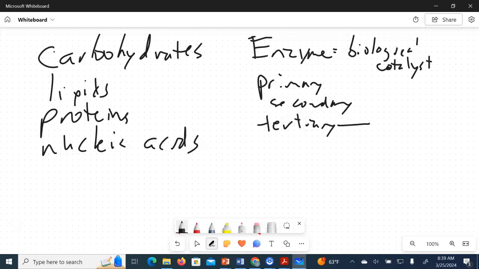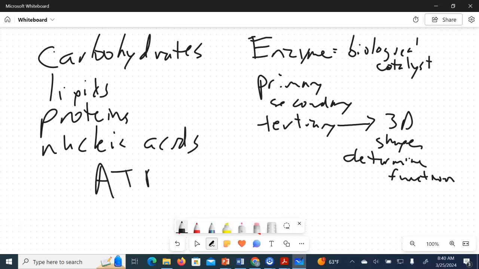Make sure that you associate that tertiary level of protein structure with the three-dimensional shape of the protein. This is what's going to determine function. The nucleic acids, right? DNA, RNA, genetic material. You do need to know that ATP is our energy molecule.